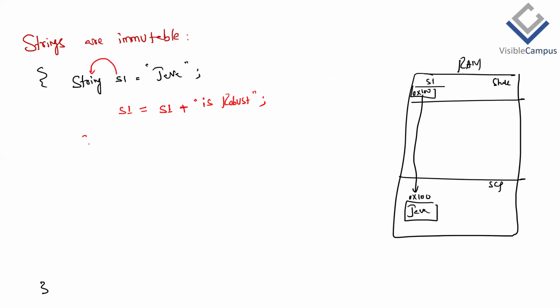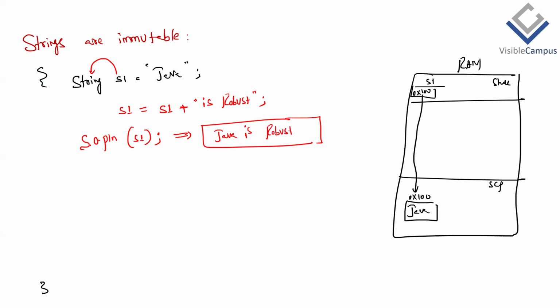Then I'll print System.out.println S1. What output are we going to get? Java? Java is robust? Some are saying only Java, which is correct.